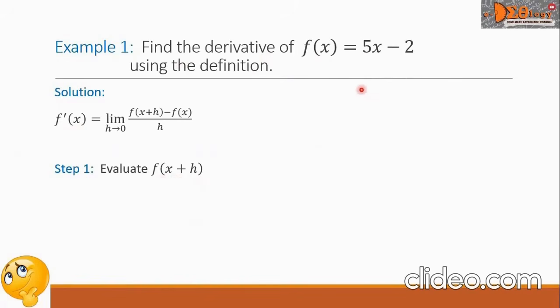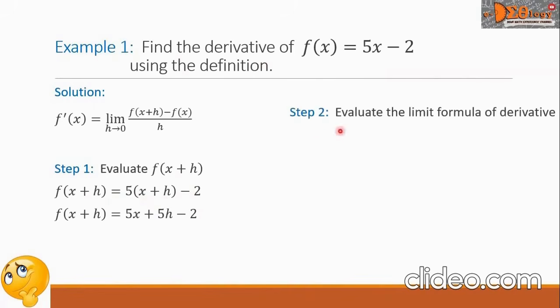Considering our function, we are going to change every x to x plus h. So we have f of x plus h equals 5 times the quantity x plus h, minus 2. Simplifying this, we have now 5x plus 5h minus 2.